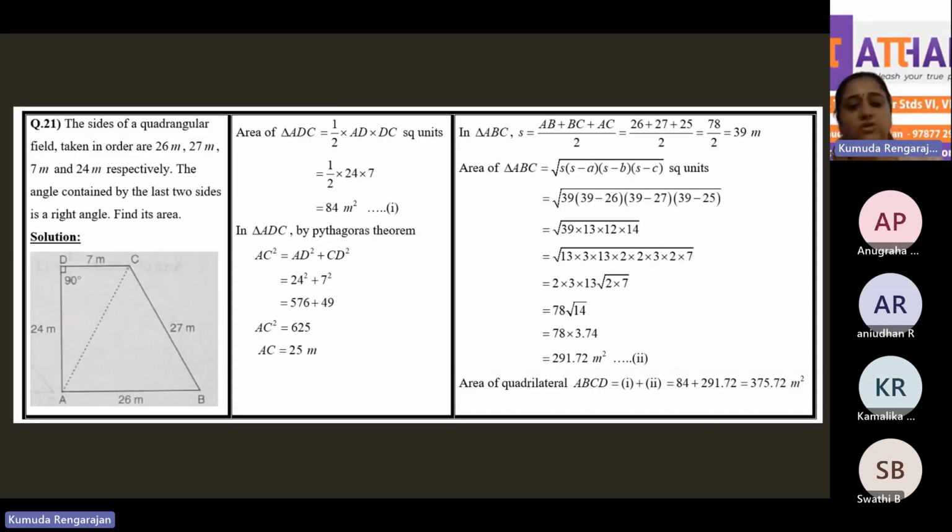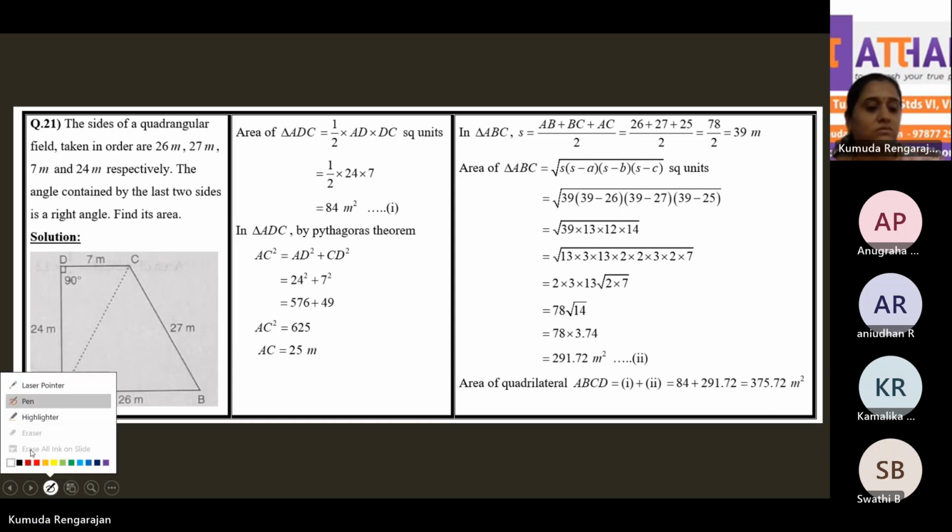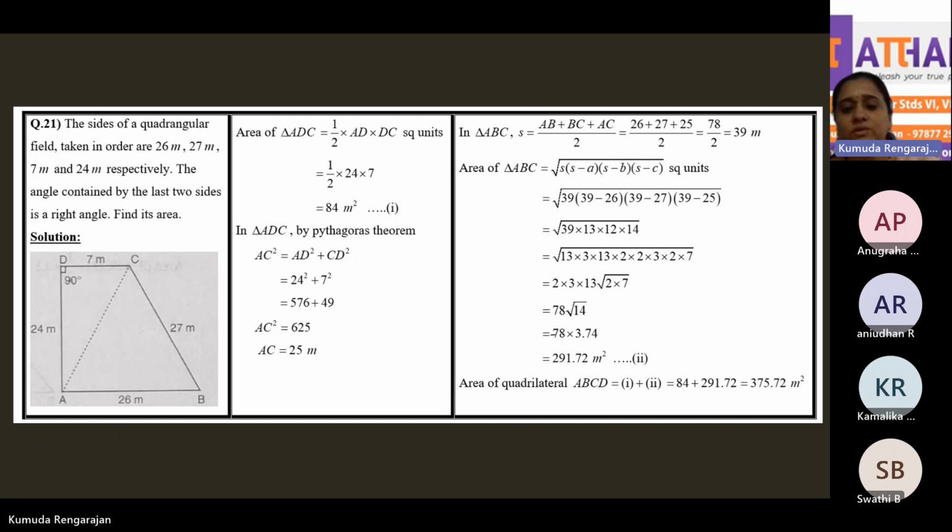Yes, children, please check your answer. See where you've gone wrong, Abhishek. This one you don't have to write.